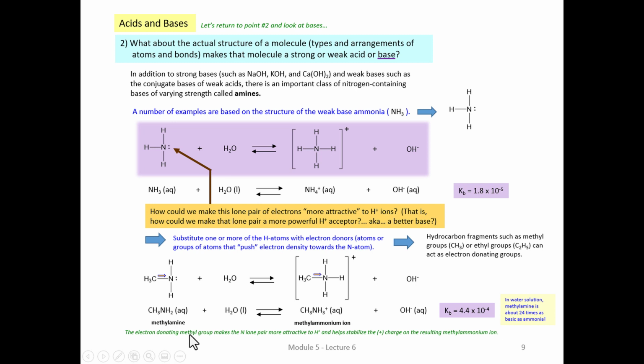So the electron donating methyl group pushes electron density toward that lone pair, making it more attractive to an H plus, also stabilizing the methyl ammonium product. And so methylamine is a stronger base than ammonia.